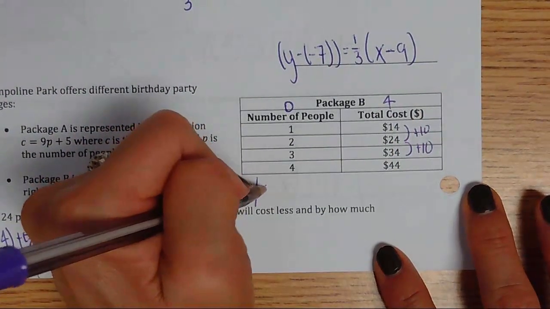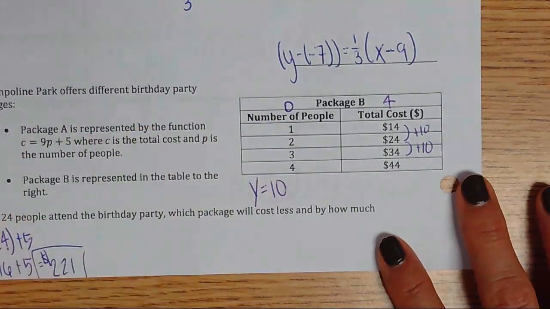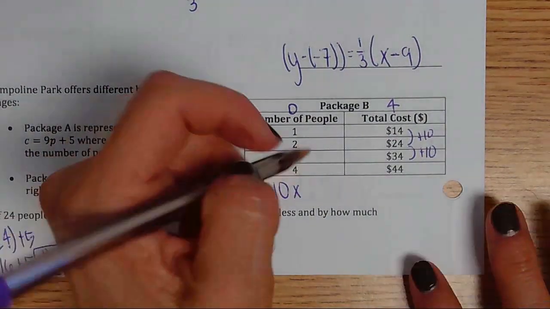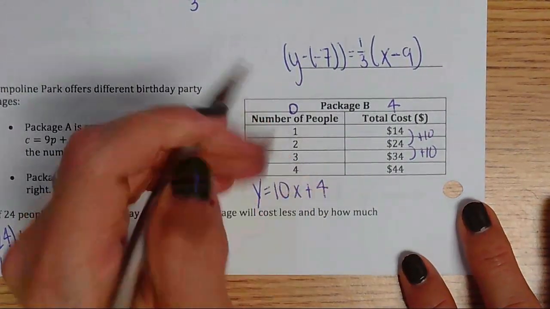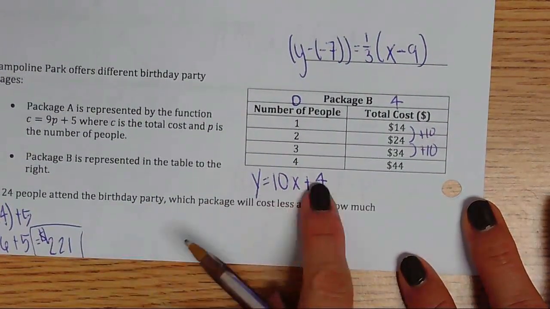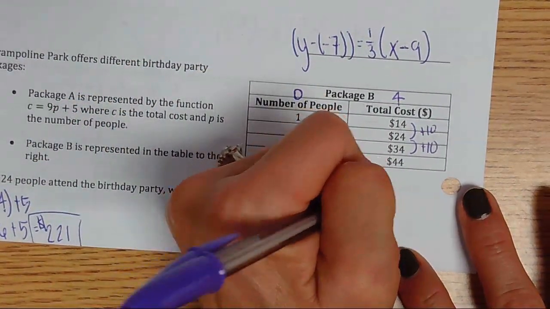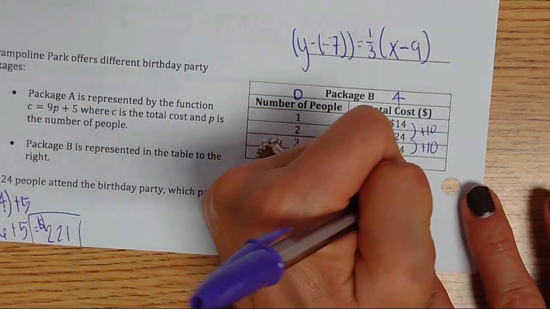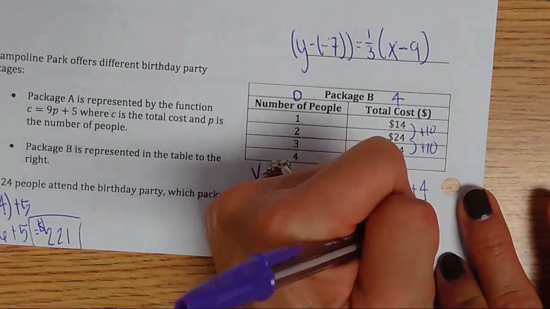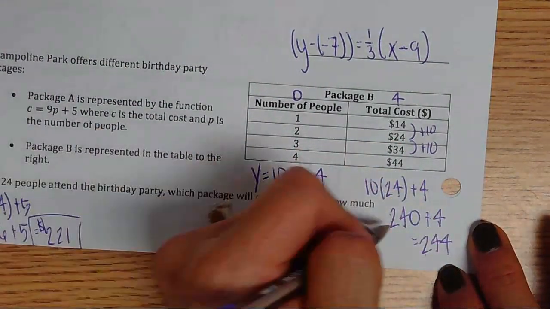So I'm going to write an equation, y equals 10 for the amount it's increasing each time, x plus 4, our 0 spot. Okay, so I want to see how many by the 24th person. So I'm going to do 10 times 24 plus 4. Right, that's going to be 240 plus 4, which is going to be 244.